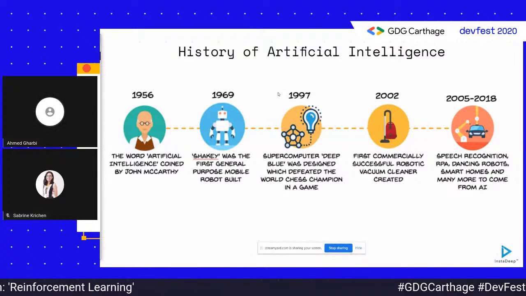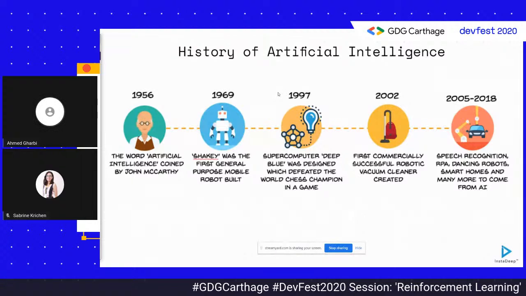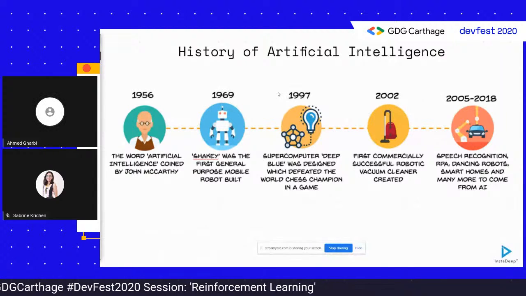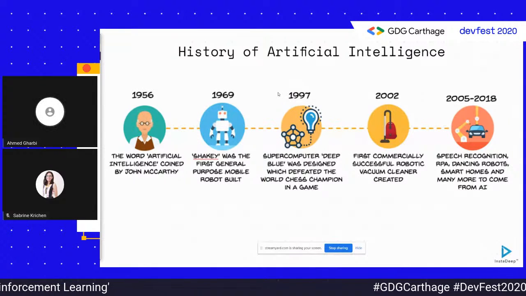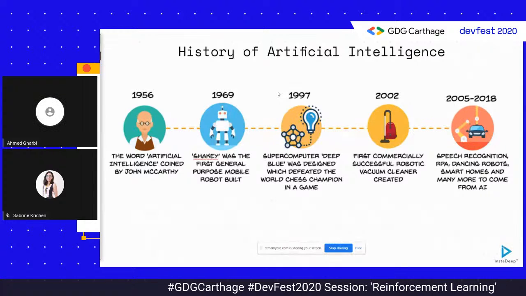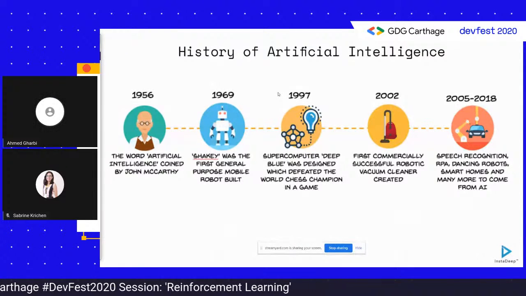In 1969, Shakey was the first general-purpose mobile robot built. The other robots of that era needed to be instructed on each individual step in order to complete a task. But Shakey had the ability to analyze commands and break them down into basic chunks by itself.